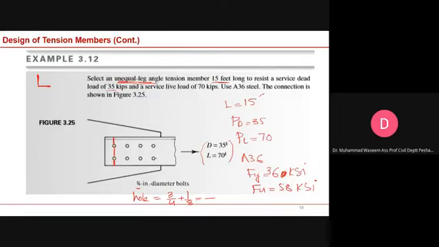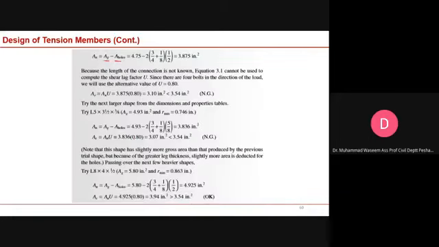Okay, so if we come to this slide, you will see that there are two holes. Okay, this is the diameter and this is the thickness. And where are we getting this thickness? Because we are using 6 by 4 by 1 by 2. This is the thickness. Okay, this represents the thickness.